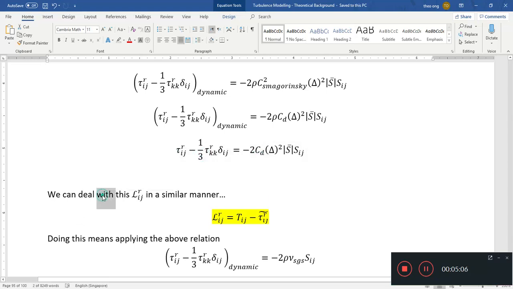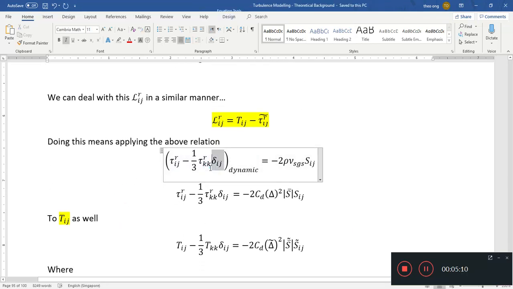So now we can deal with L_ij in a similar manner. Remember, the dynamic part of the stress is like so, and then the kinematic part is like so, and I'll always be using the kinematic part from now on, which is the dynamic shear stress divided by the density, and you will get an expression like so.